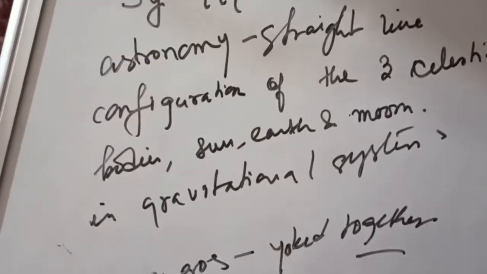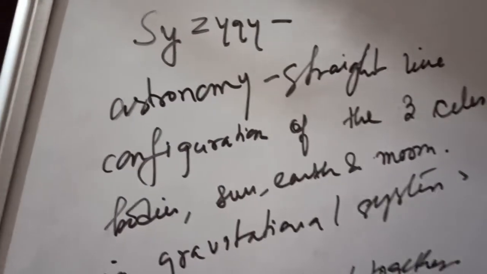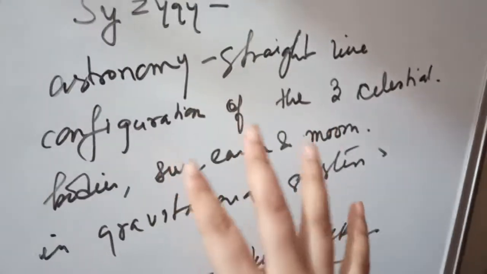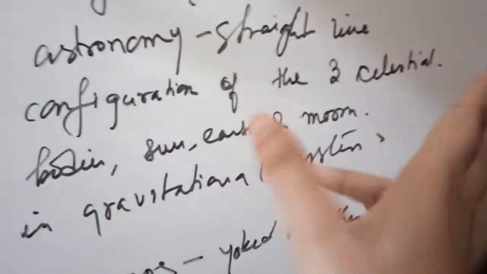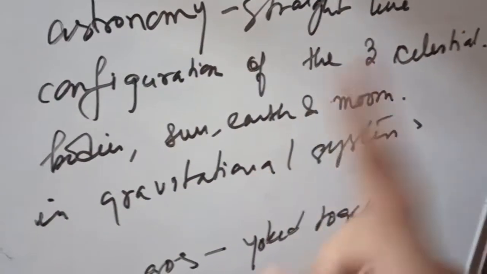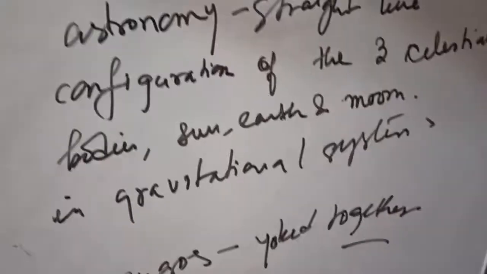So what is the syzygy position? Based on astronomy, it is a straight line configuration where all the three celestial bodies, that is the sun, earth and the moon, lie in the same straight line in their gravitational system.